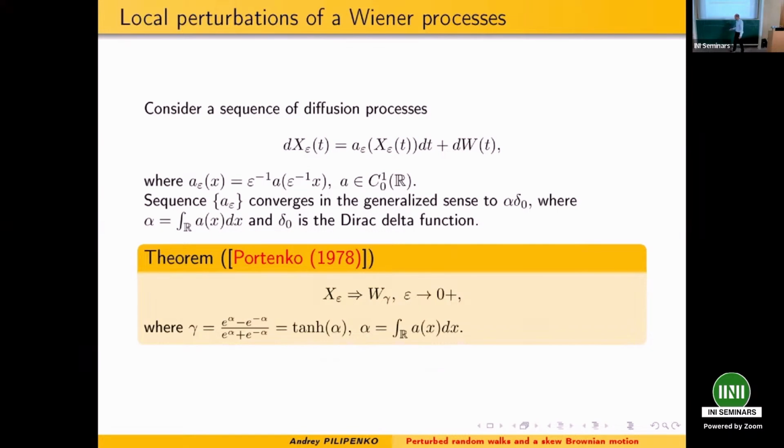But if A has this structure and scaling is not this, but maybe a little bit different, so you don't divide by epsilon, but maybe epsilon times logarithm, another interesting process may appear.